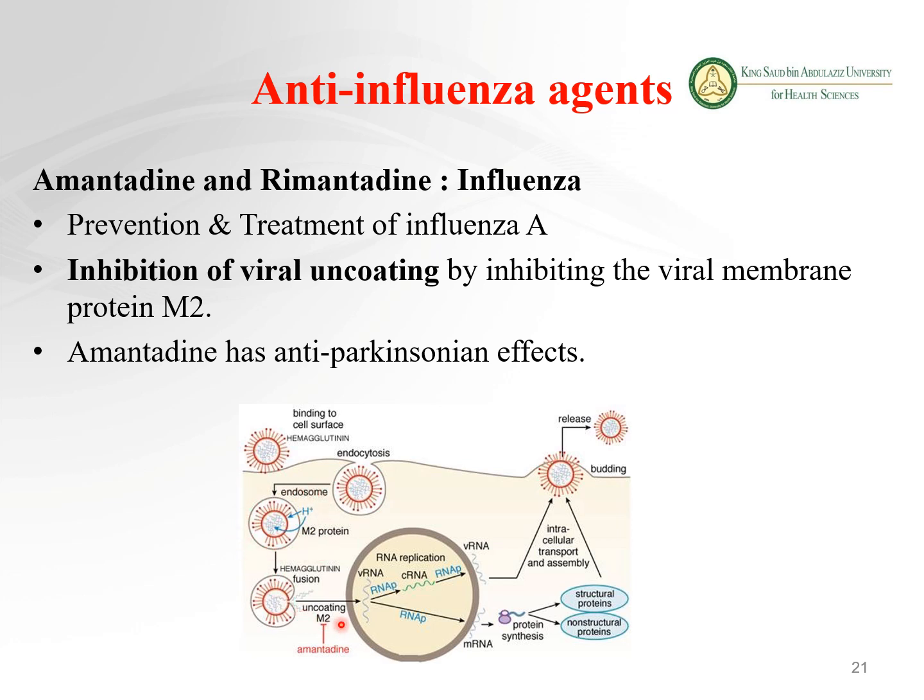So if the virus is not uncoated, it will inhibit its further replication. So the mechanism is inhibition of viral uncoating by inhibiting the viral membrane M2 protein, which is responsible for the uncoating of this membrane. Amantadine also has an anti-Parkinsonian effect.